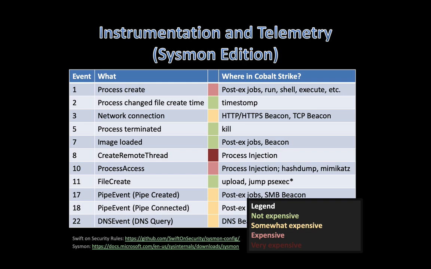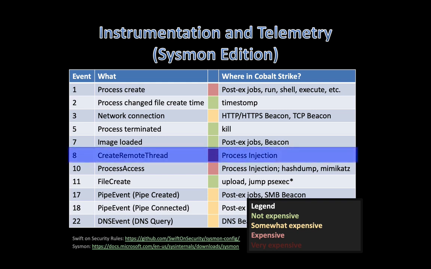But let me explain why I have this rubric set up as I do. I have labeled process injection, Sysmon event 8, creating a thread in a remote process, as very expensive.